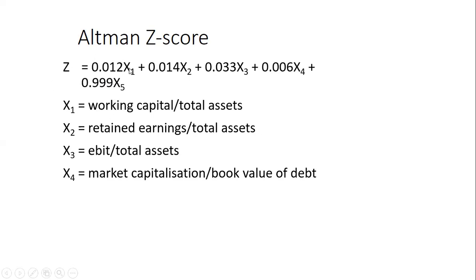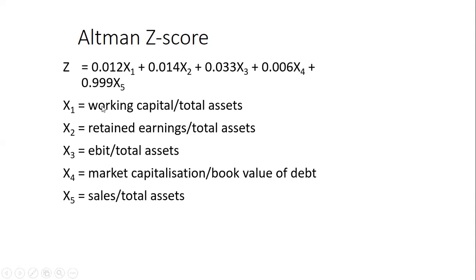The others are even less, 1%. But what I was saying is that the fifth one, sales to total assets, is the most important.